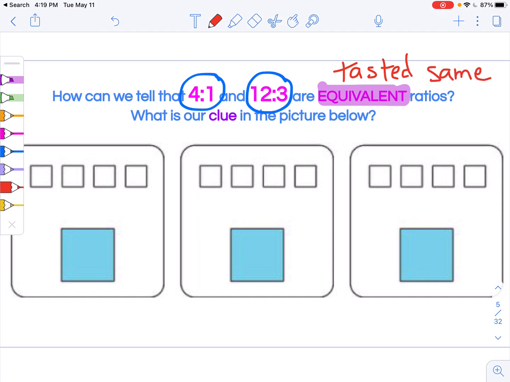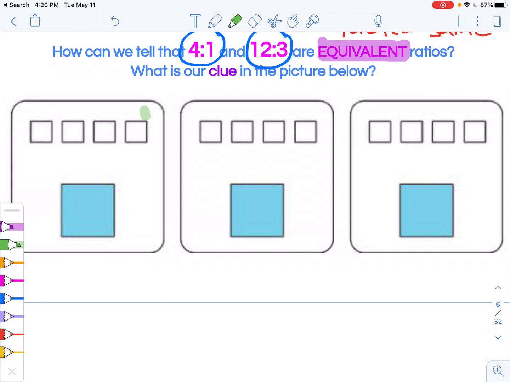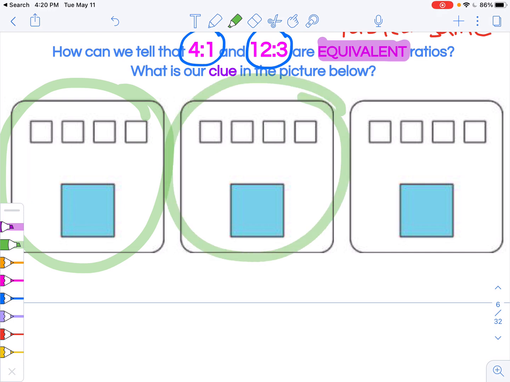So what's our clue that they're all going to taste the same? Our clue is that the pattern continues over and over. In the first one, we have 4 spoons to 1 cup of water. In the second one, we have 4 spoons to 1 cup of water.